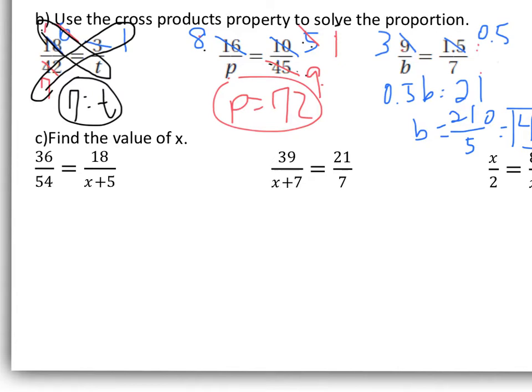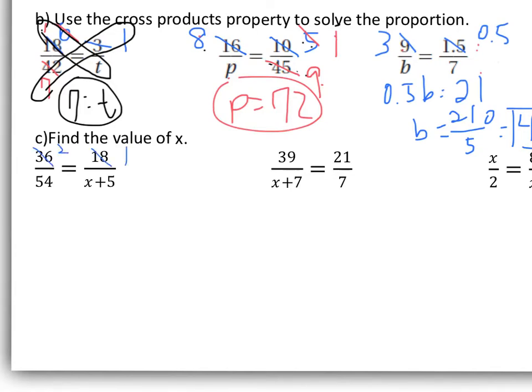Okay, part C, I'm going to show you how to solve for the value of x. These proportions are slightly more complicated than the ones in part B. And you still use the same way to solve. Okay, so I'm going to first simplify 18 with 36.